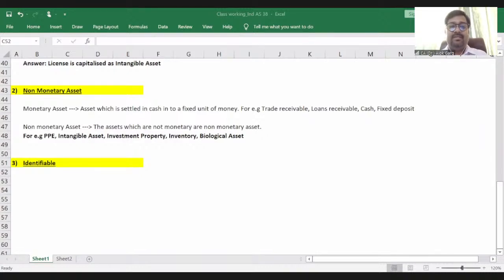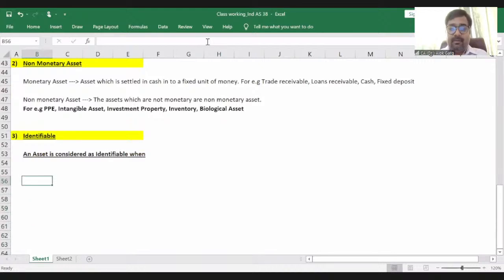An asset is considered identifiable when it is separable, or arises from contractual or other legal rights.